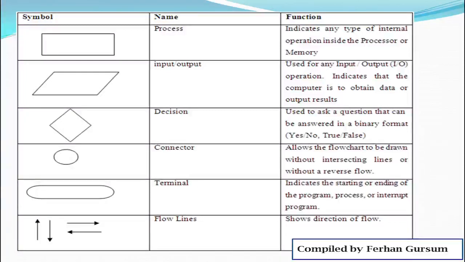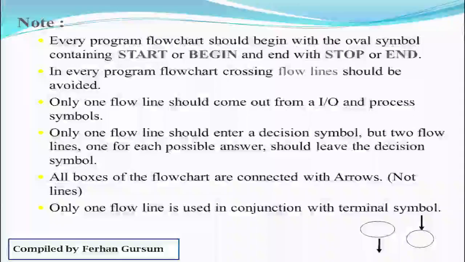Okay, the other is flow lines or arrows, which show the direction of a flow. You can see on your handout slide number 26 if you want the symbols. Okay, note, every flowchart program should begin with the oval symbol containing inside a start or begin, and end with an oval shape which has inside a stop or end.